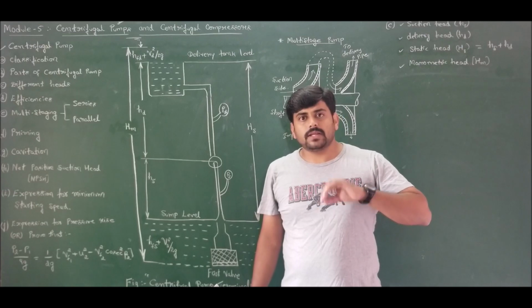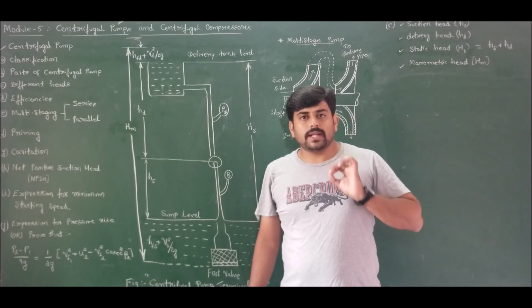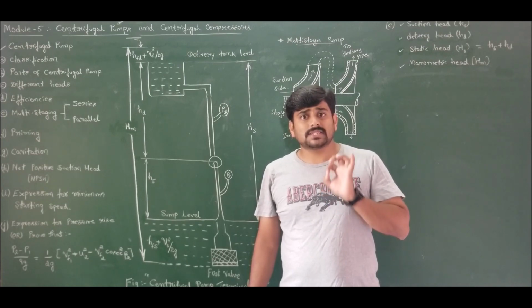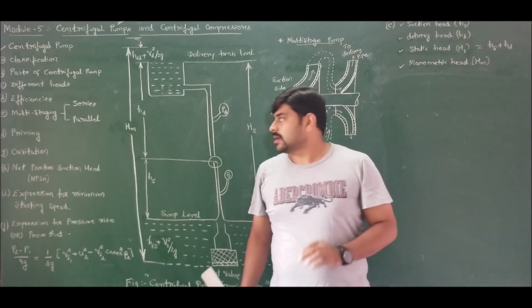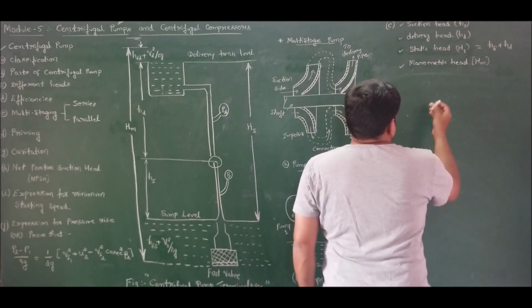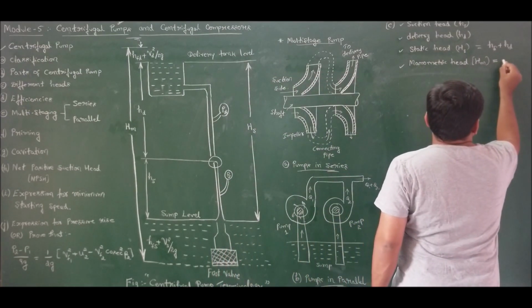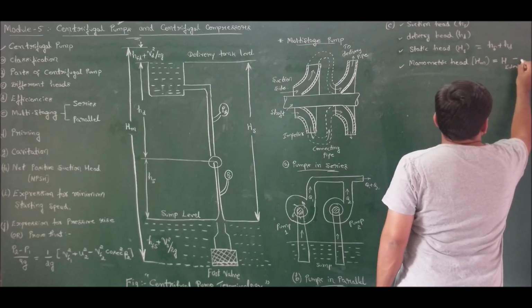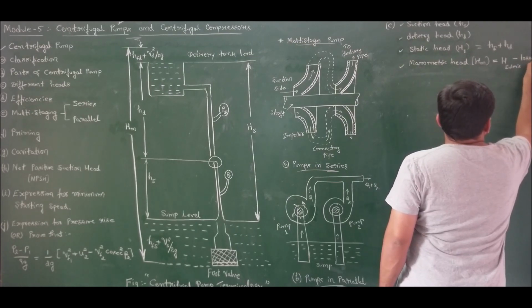So manometric head is equal to Euler's head minus losses.